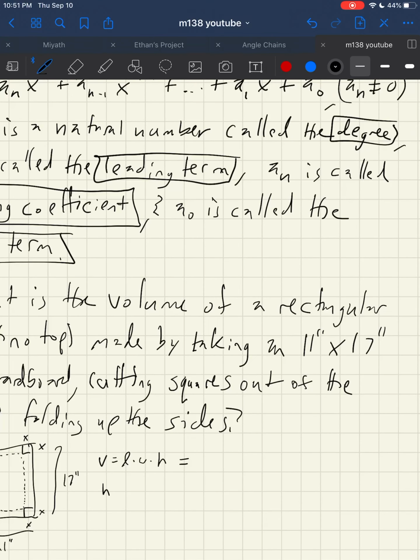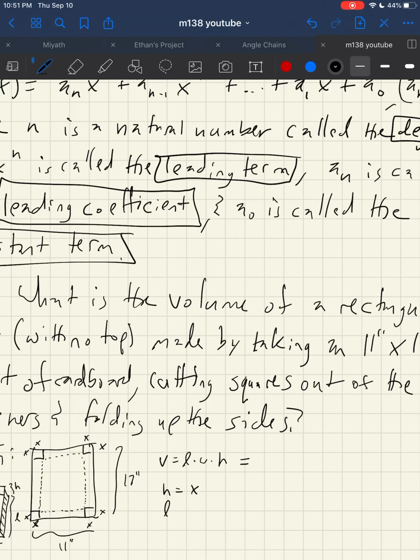So the height is going to equal x. The length is going to equal 17 minus 2x, because it's 17, and then I pull off x here, and I pull off x here. And the width will equal 11 minus 2x. So what's the volume? Well, it's the product of all three of these.